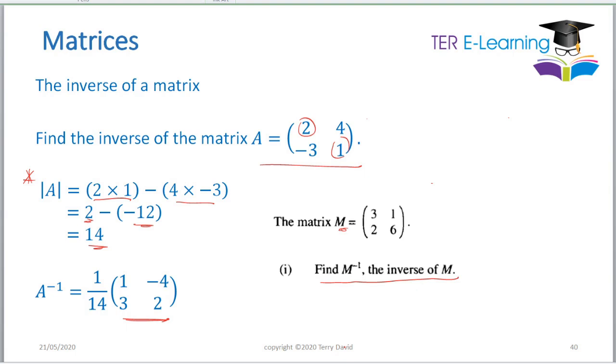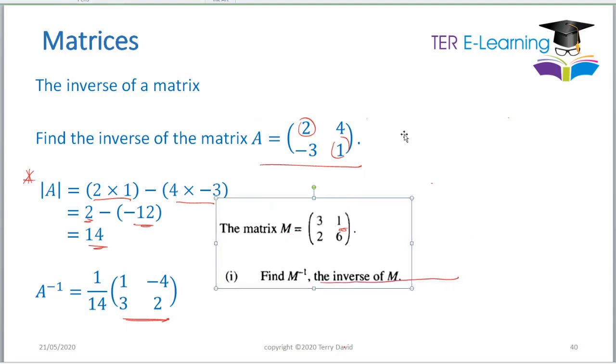Alright, so I've seen John and Emily. You all seem to be getting something similar, right? So this is the question we're working out. The first step is to find the determinant, right?